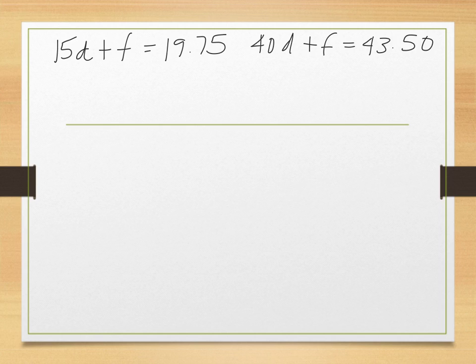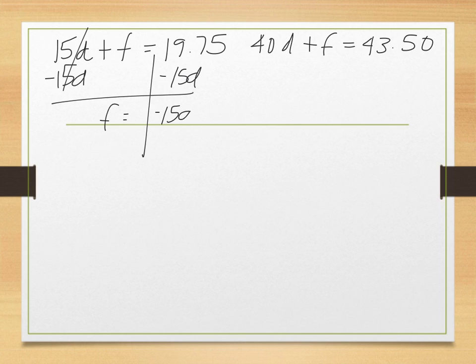Well, again, the fee is the same, and it's the single variable, so let's deal with solving for f where there are smaller numbers. So we will solve for this f. To solve for that f, we need to get f by itself by subtracting 15d on both sides. So that means that f will equal negative 15d plus 1975. All right, that's our fee. We're going to substitute it into the next equation.